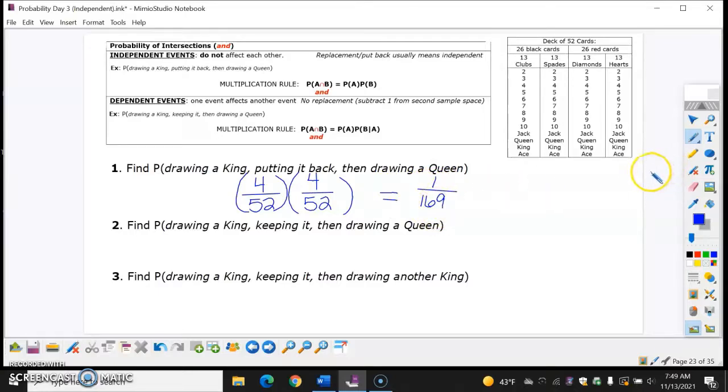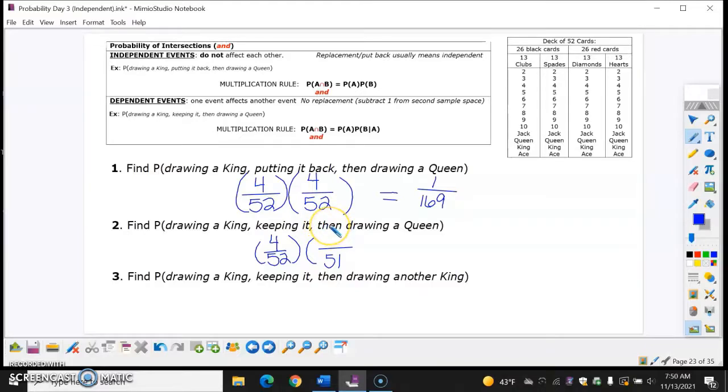Now let's look at drawing a king, keeping it, and then drawing a queen. So we're going to find the probability of drawing a king. 4 out of 52 cards are kings. But if you keep that king, then instead of pulling from 52 cards, if you hold on to that king, how many of them do you have to choose from now? Now there would be 51 cards to choose from if you are holding on to that king.